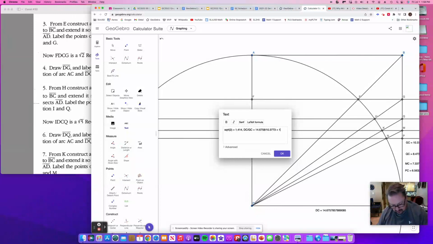That equals 1.414. So then DFGC is a root 2 rectangle.